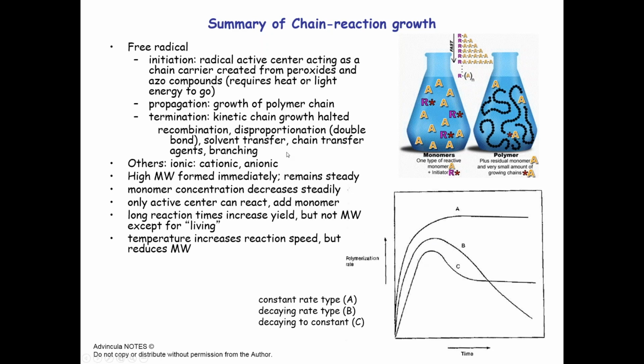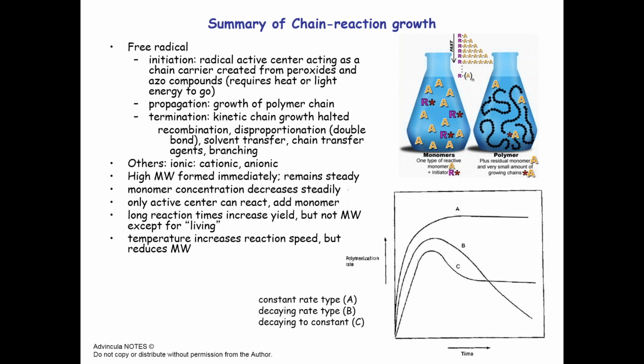In practice, the initiation can be done with a radical or actually proceeds either by cationic or anionic methods, or even by coordination reactions, or with the use of an organometallic or metallic catalyst. So in summary, you form a high molecular weight at the beginning. You still have monomers at the end of the reaction, and the active center can be in the form of an anion, cation, radical, or through coordination reactions.